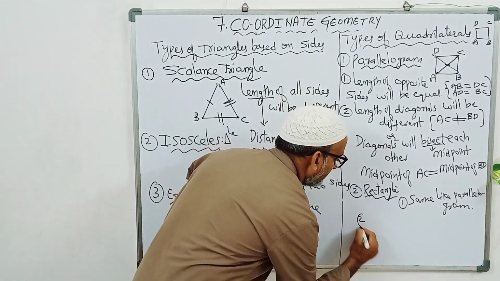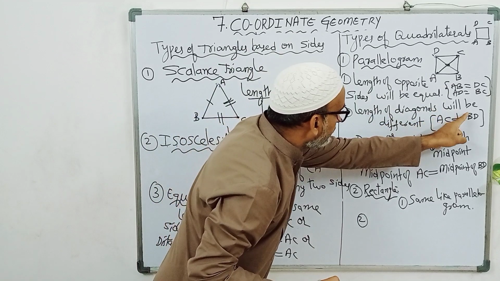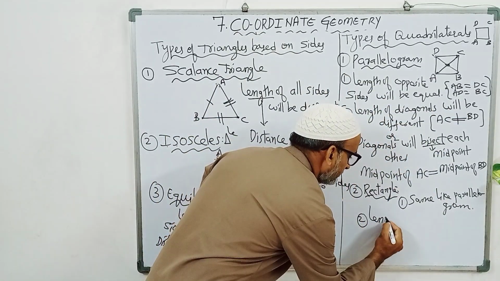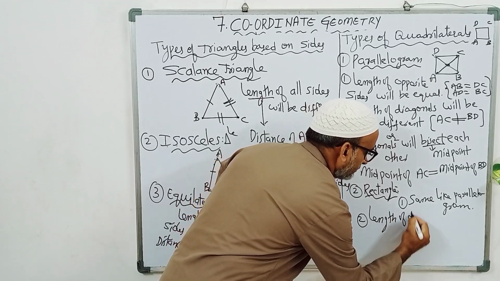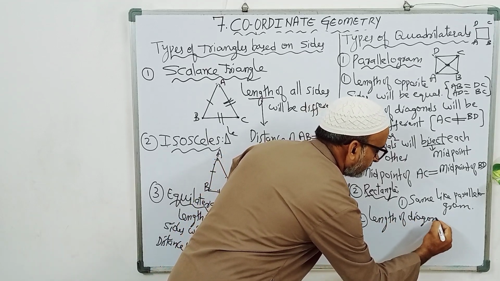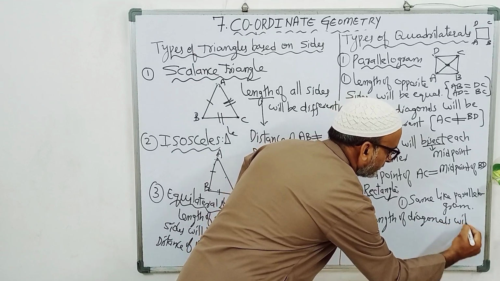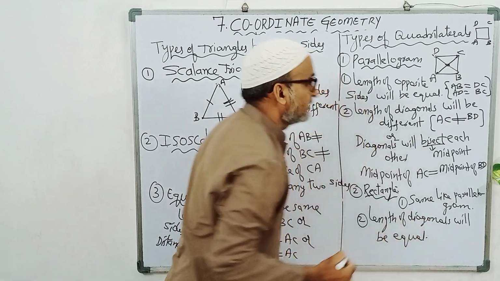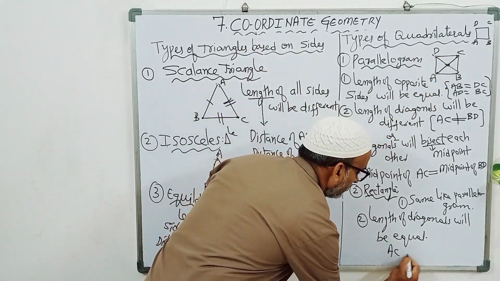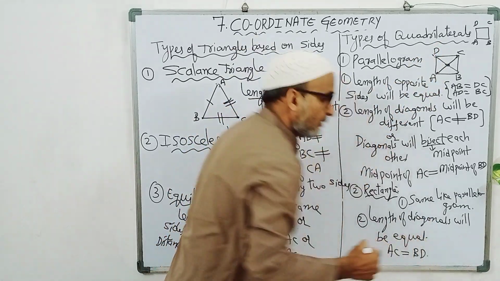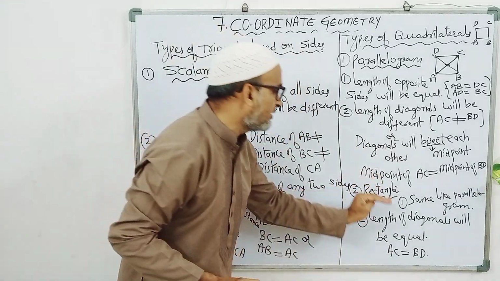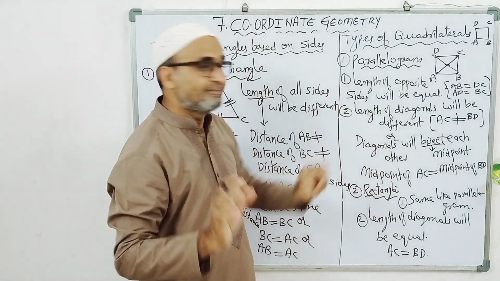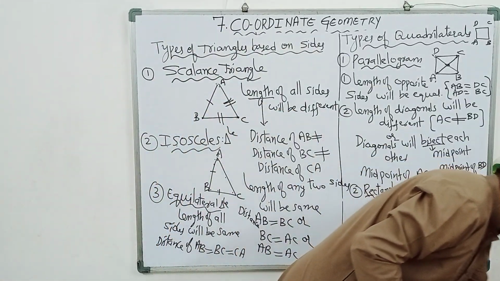Second point: for the parallelogram the length of diagonals will be different, but here the length of diagonals will be equal. That is, AC will be equal to BD. If these two conditions are satisfied, then we say that A, B, C, D is a rectangle.